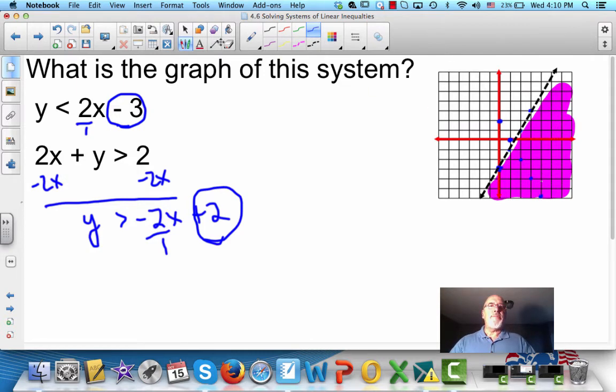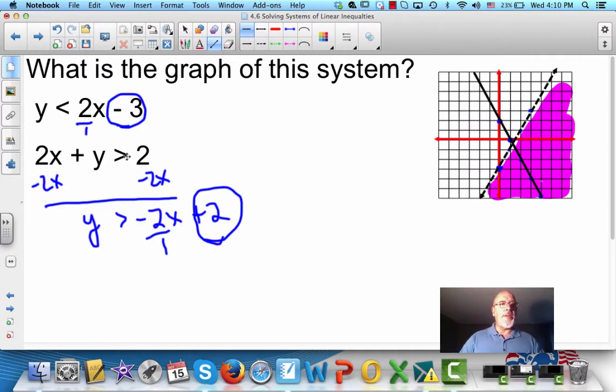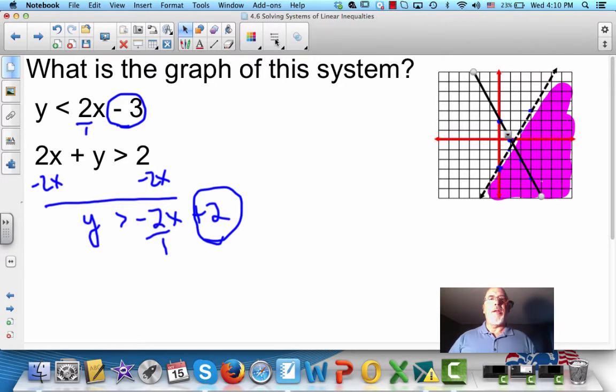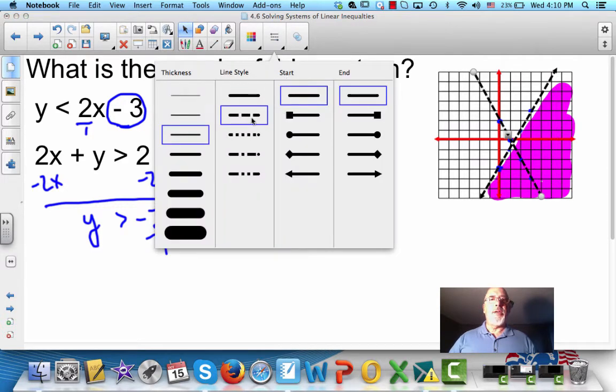We draw our line. Okay, it says greater than. That means that it does not say or equal to, so that means our line is going to be dashed. Our line will be dashed, and we want to put our arrows on each end.